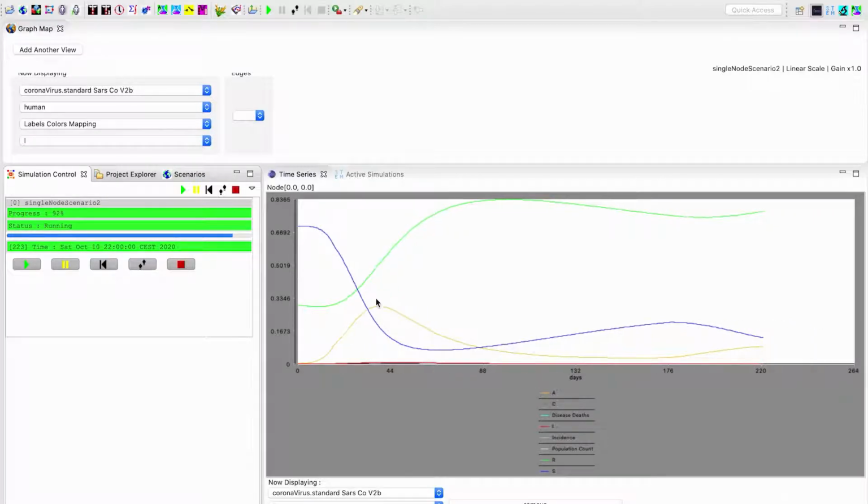So we can see at initialization there's a reasonably large recovered population, so underlying immunity in the population, and then a significant number of asymptomatic individuals that are being modeled.